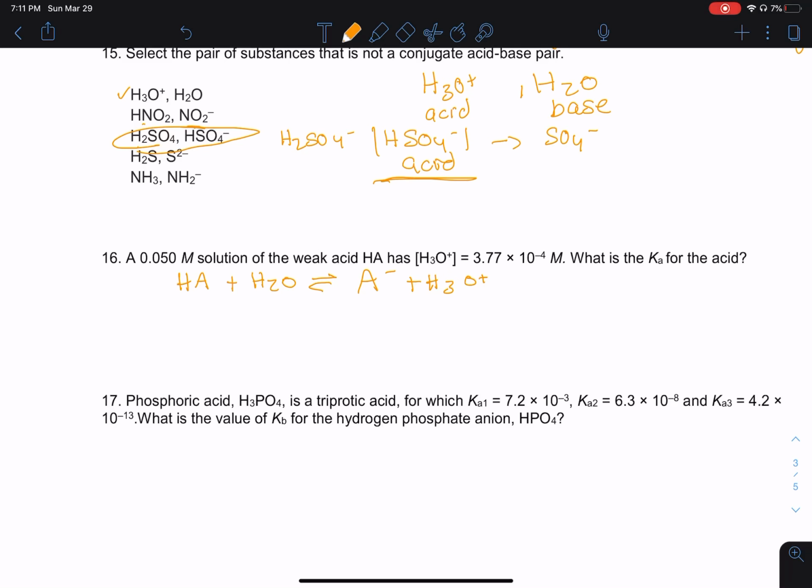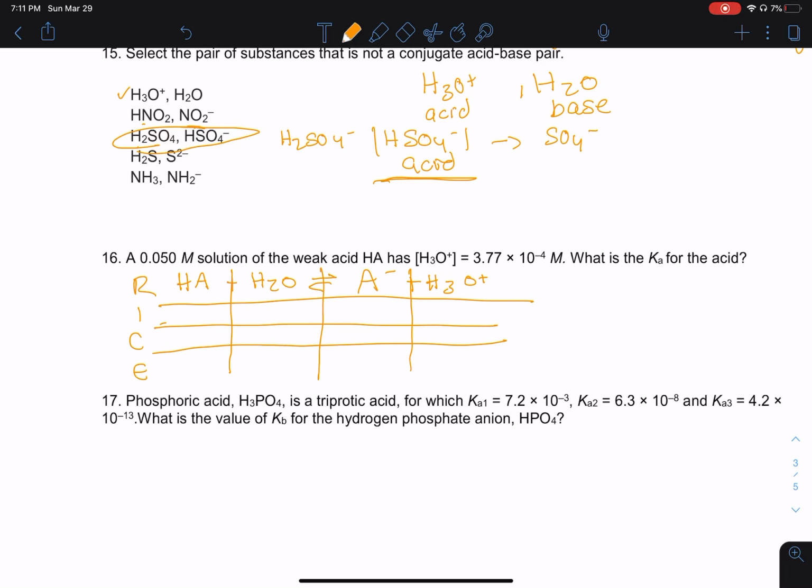So this is where we begin to write out our ICE tables for acids, okay? So we have a concentration of 0.05 molar for HA, and remember, since these are products for A minus and H3O plus, we have 0.